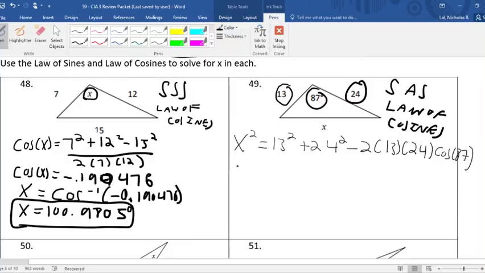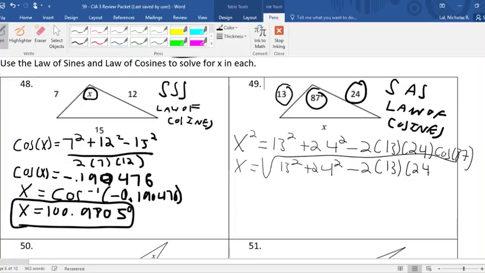And furthermore, from that information, we know that side x is going to be equal to the square root of 13 squared plus 24 squared minus 2 times 13 times 24 times the cosine of 87.